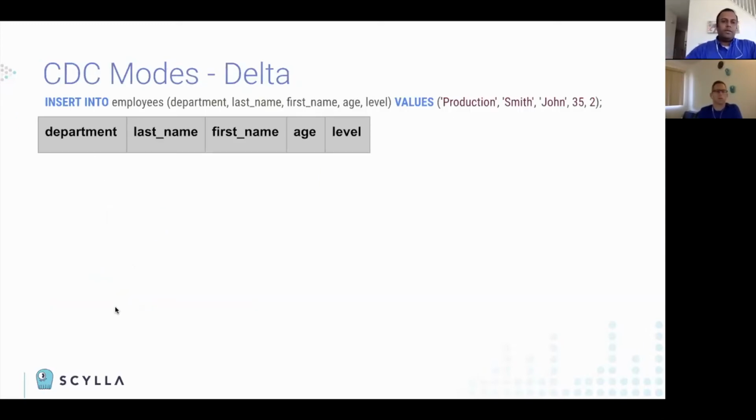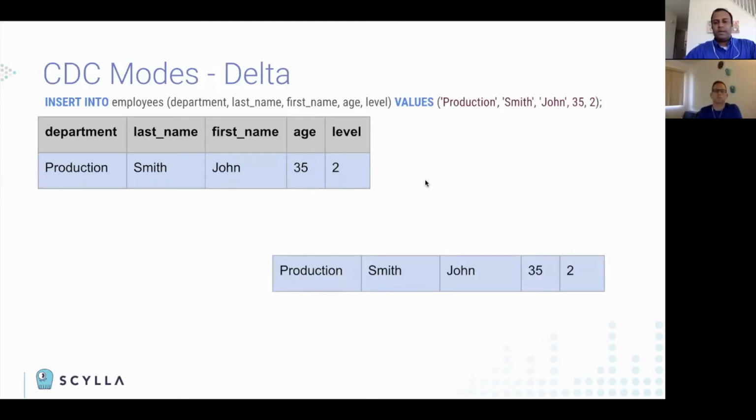So let's say you're inserting into the employees table a few values: production, John Smith, age 35, level 2. And you're opting to get only the deltas. So what that tends to give you is it transmits this particular delta value which you've inserted.